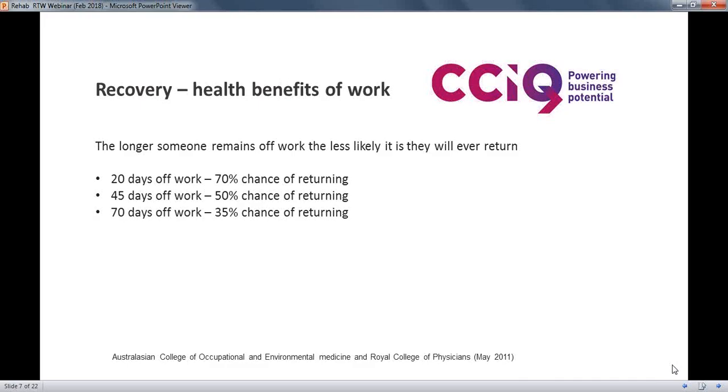And some of you may be aware of this document or study titled "Realising the Health Benefits of Work." But as you can see there, the longer someone remains off work, the less likely it is that they're actually going to return. And it's quite alarming when I first saw these statistics that after only 70 days, the chance of returning is 35%.